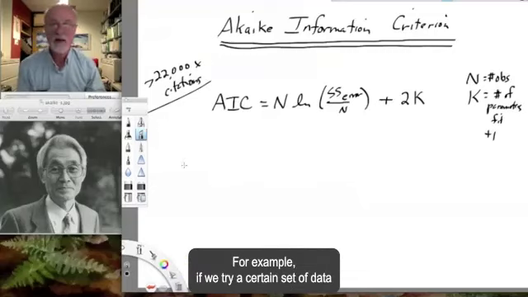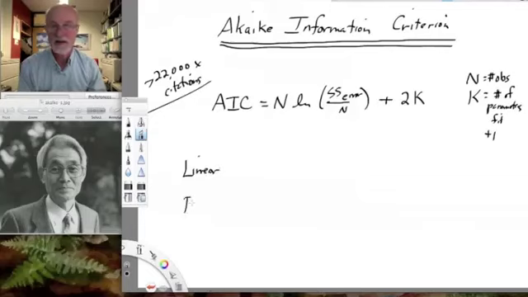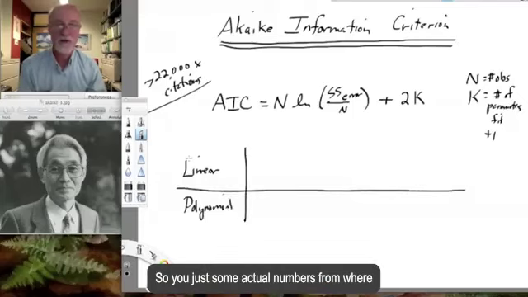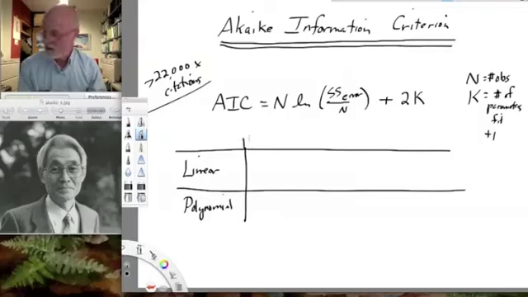For example, if we try a certain set of data and we try a linear fit and a polynomial fit, I'll show you some actual numbers from a real regression that I tried recently. The n in both cases was 20.